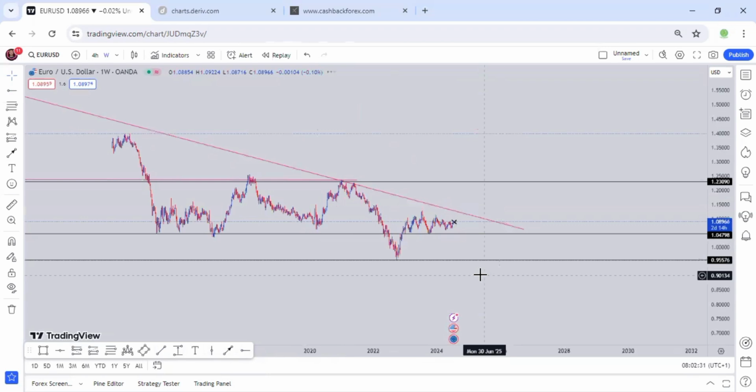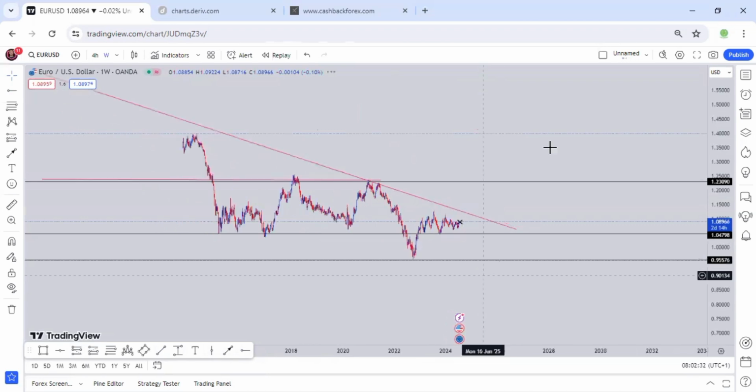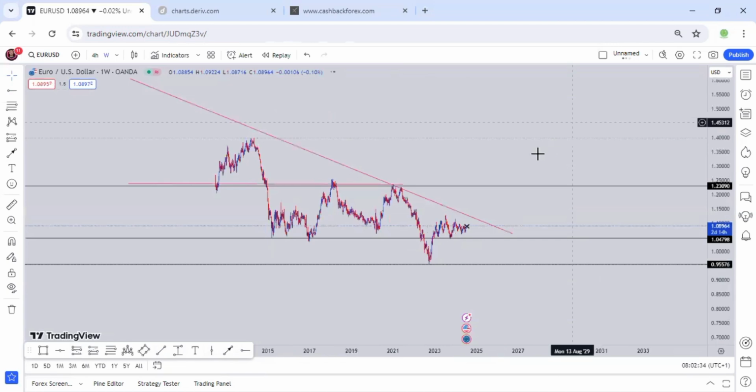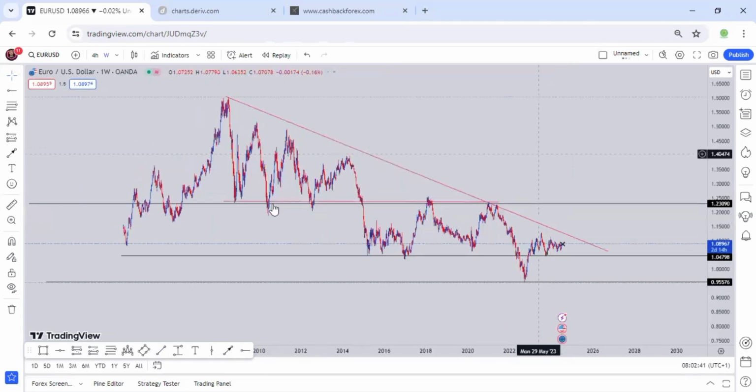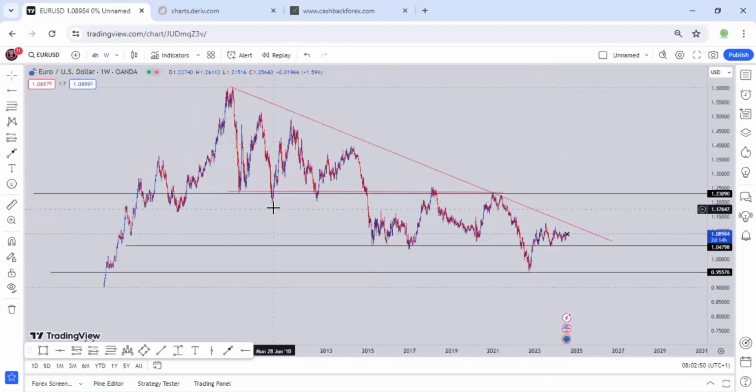From the weekly time frame perspective, of course this is a completely zoomed-out chart, we see the exact same structure that we saw in the monthly time frame. We see a high, a low. Okay, this is another.